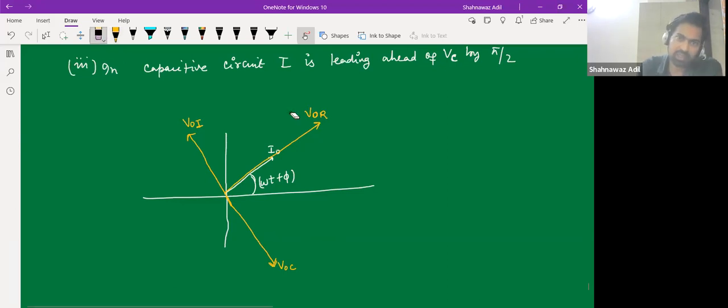Let me write this V naught as VR, and V naught L as VL, and then this is VC. These are just notation.